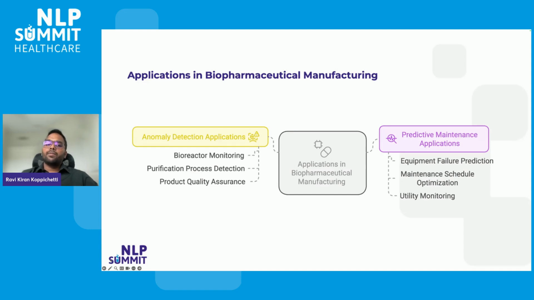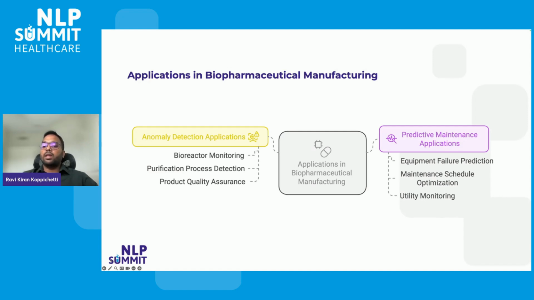On the other hand, predictive maintenance is transforming how biopharmaceutical manufacturers manage their equipment and infrastructure as well. One of its primary applications is predicting failures in critical equipment like centrifuges, pumps, and filtration systems. These machines are prone to wear and tear, and unplanned failures can lead to costly downtime and production delays. Predictive maintenance leverages IoT sensors and ML models to monitor health in real time.